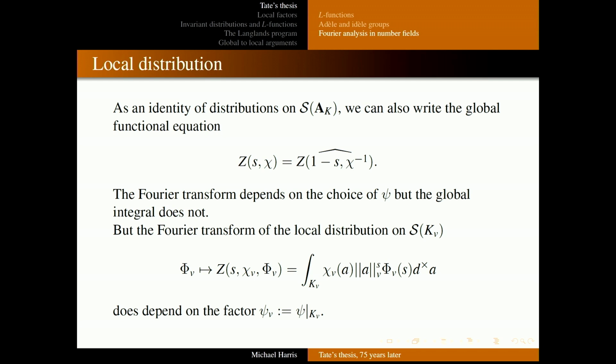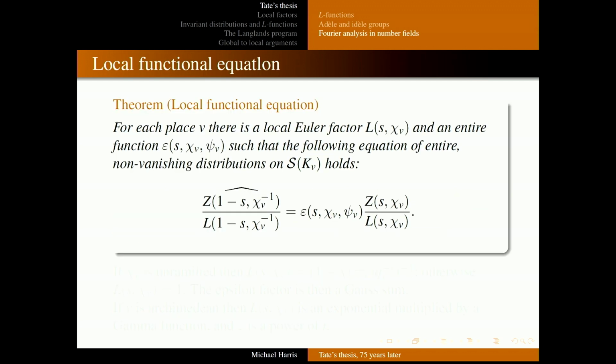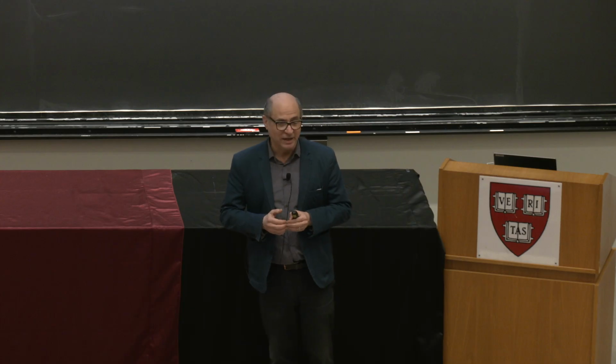All right. And here's the local functional equation. For each place v, there is a local Euler factor. You know what it is because you've already seen it on a previous slide, but you don't have to know.